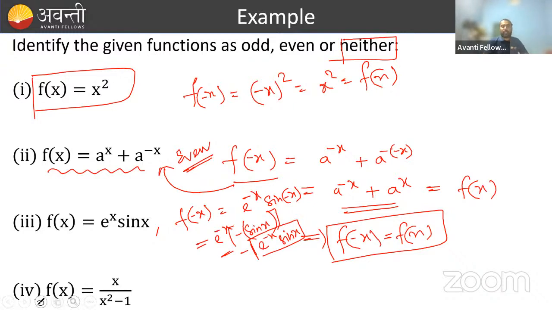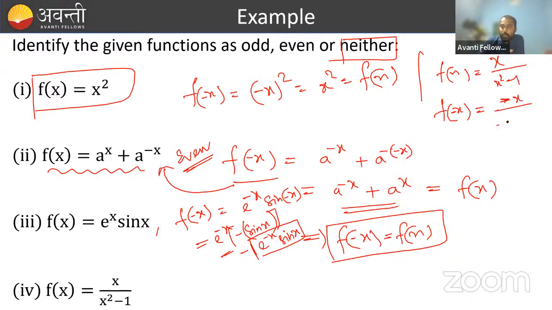Last question, f of x is equal to x upon x square minus 1. So in place of x, take minus x, f of minus x. This will give you minus x upon minus x square minus 1. So this is minus of x divided by x square minus 1. So this is minus of f of x, right?